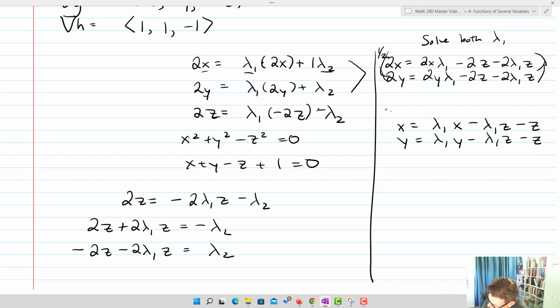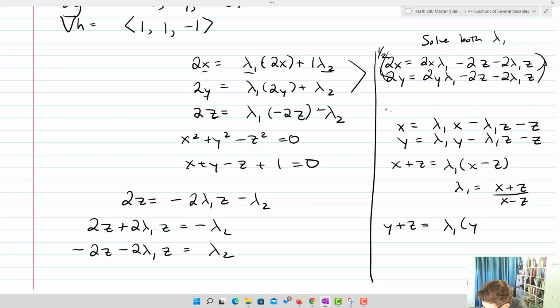Let's look at them one at a time. We add z to both sides: x plus z equals lambda 1 times x minus z. So lambda 1 is going to equal x plus z over x minus z. In my second equation, y plus z equals lambda 1 times y minus z, so lambda 1 equals y plus z divided by y minus z.